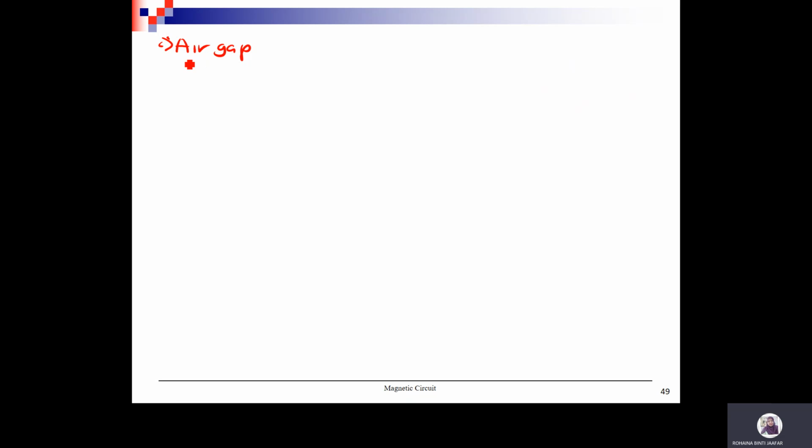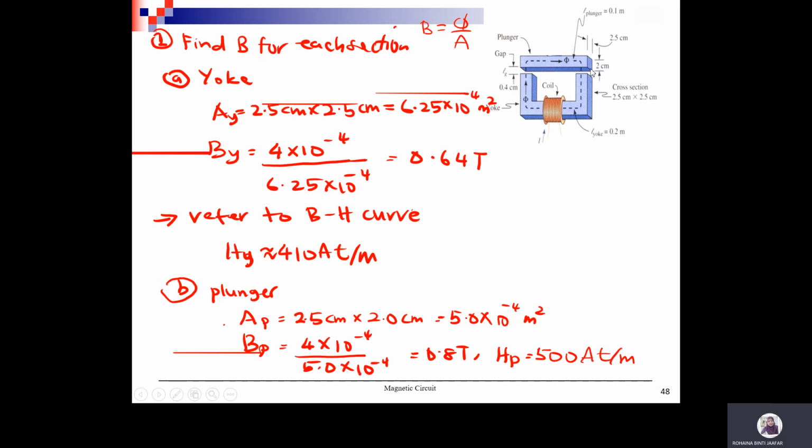There are two identical gaps, so you have two air gaps. We assume that the flux density B at the air gap is equal to B at the yoke. Why does it happen? You can see this is your air gap. You have two air gaps, 1 and 2 here. So you can imagine your gap is here.